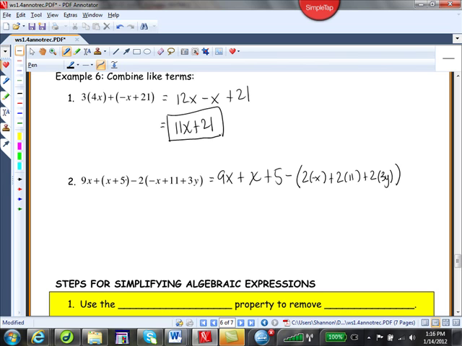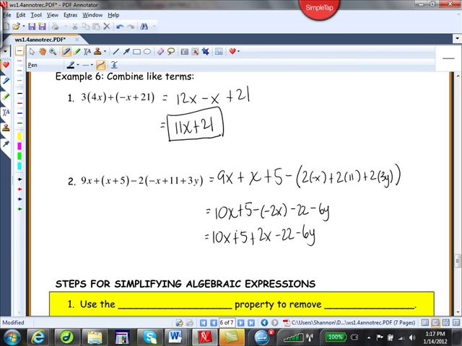So here, the 9x plus the 1x yields a result of 10x's. We'll have plus 5. We'll have minus a negative 2x, minus 22, and then minus 6y, which will be 10x's plus 5 plus 2x's minus 22 minus 6y.